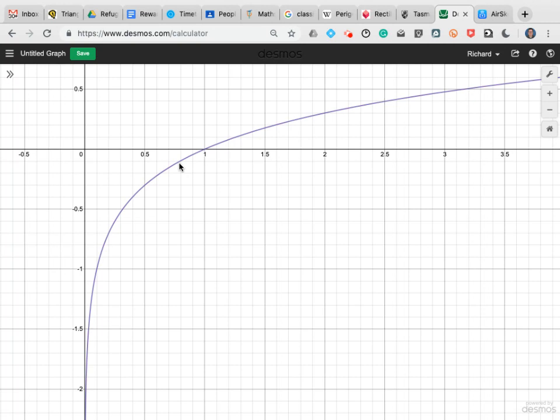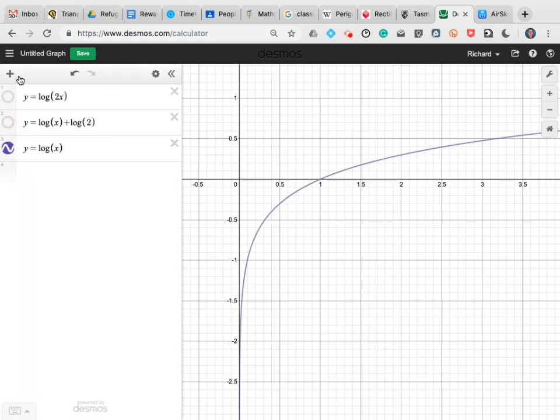And in an exponential graph, we have a y-intercept of 1 and no x-intercepts. In a log graph, we have no y-intercepts, but we do have an x-intercept at 1. Okay, because log base a of 1 is equal to 0 for all legitimate bases. Remember, you can't have a negative base, etc. And it will always be that. So it'll always come through at 1 regardless of the base.